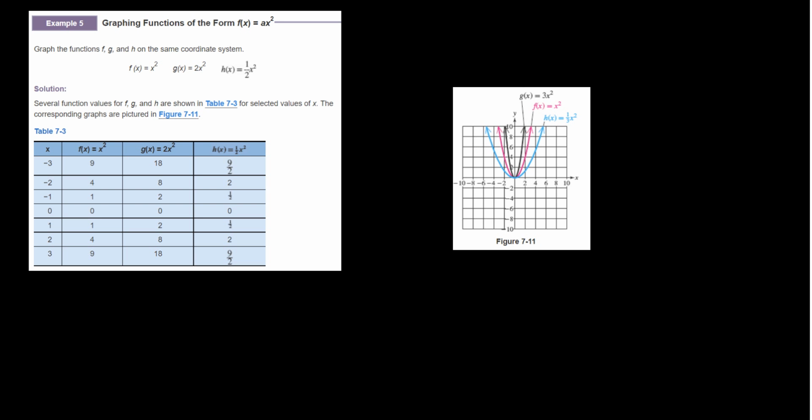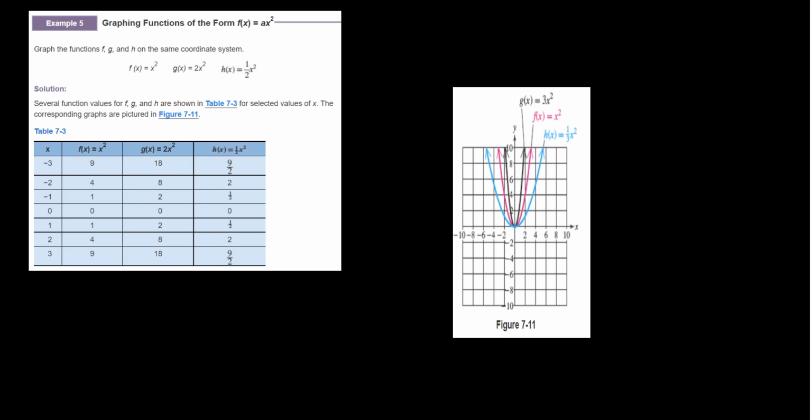So before I get ahead of myself, let's go over this definition finally. If our a is some fraction or some decimal, then we have a vertical shrink. If our a is greater than 1, then we have a vertical stretch. Okay, so let's examine what a shrink and stretch means. So example 5. Let's go ahead and make this large again to really show you.